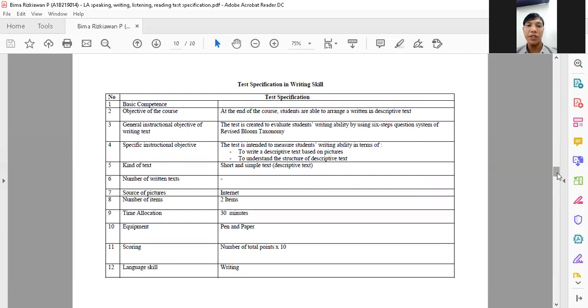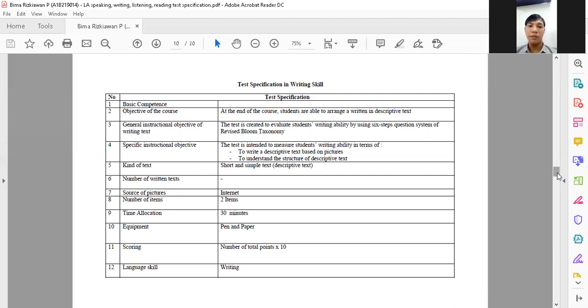The specific instructional objectives are to write a descriptive text based on the picture, and to understand the structure of the descriptive text. The kind of text is a short and simple descriptive text.